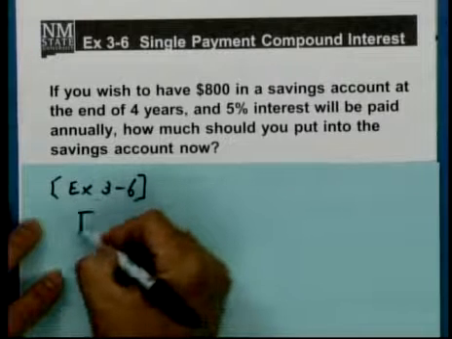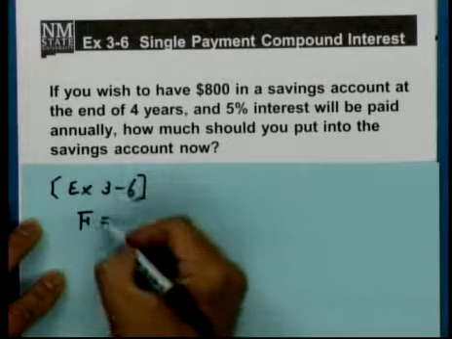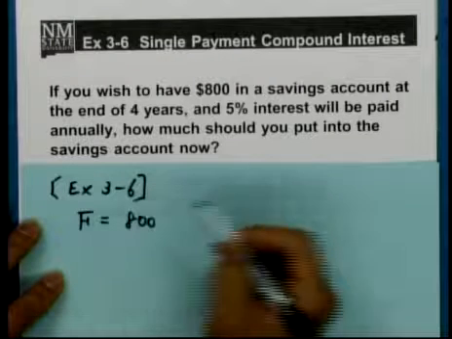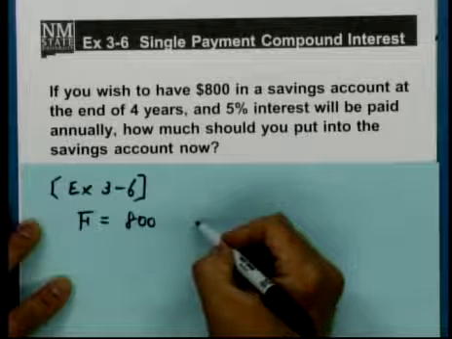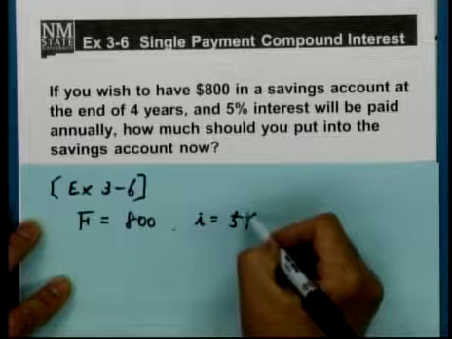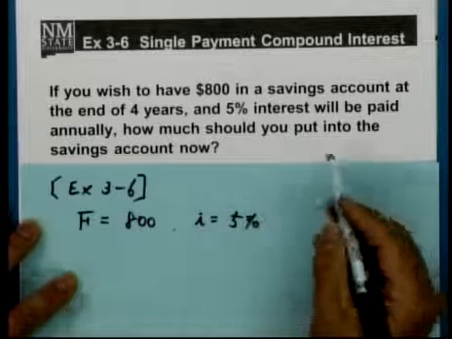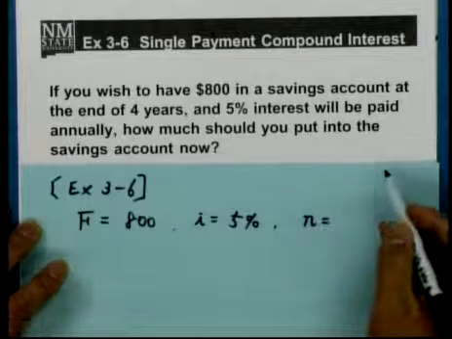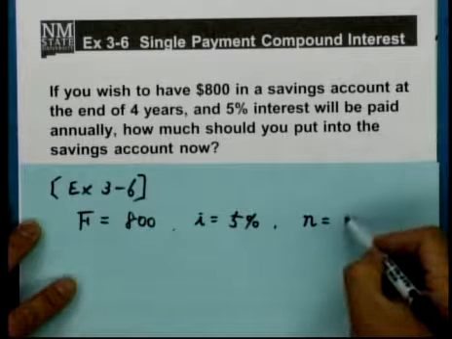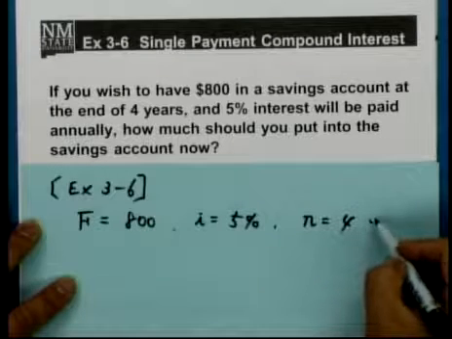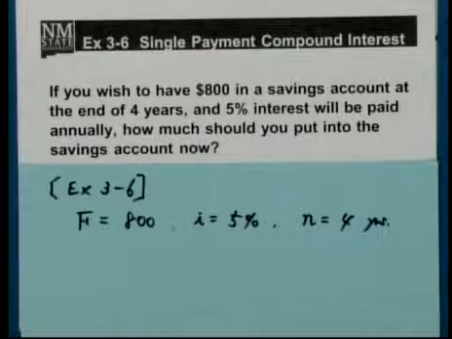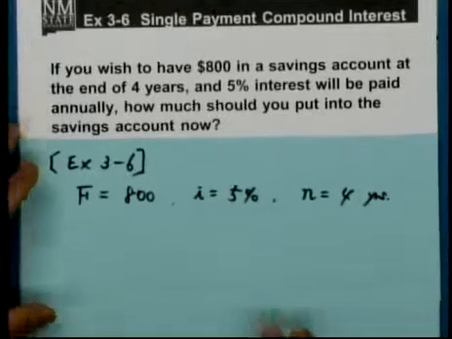So from the problem description, you can get the future sum would be $800, and the interest rate would be 5%, and the interest period is 4 years, right? So the present sum can be found by the formula again.